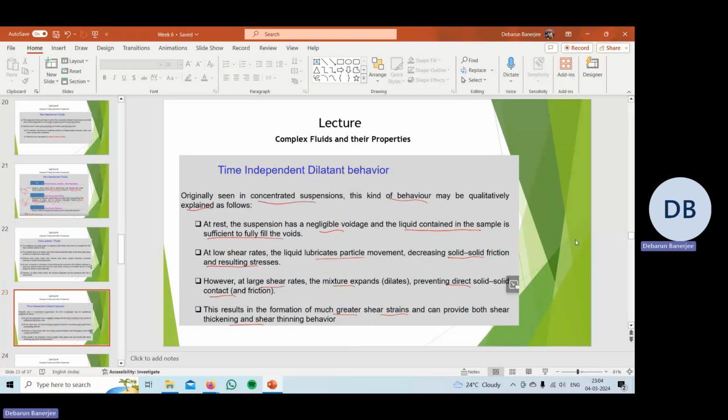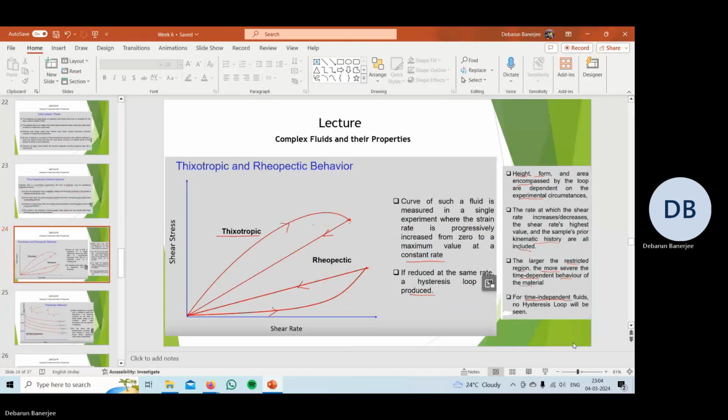However, at large shear rate, the mixture expands, preventing direct solid-solid contact and friction. This results in much greater shear stress and can provide both shear thickening and shear thinning behavior. Thixotropic and rheopectic behavior are also there.